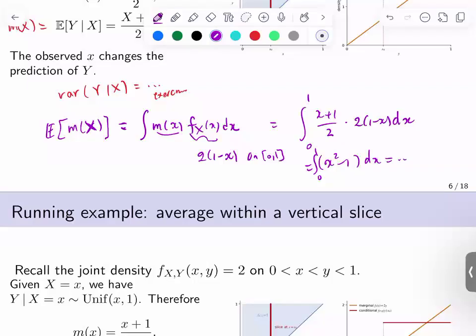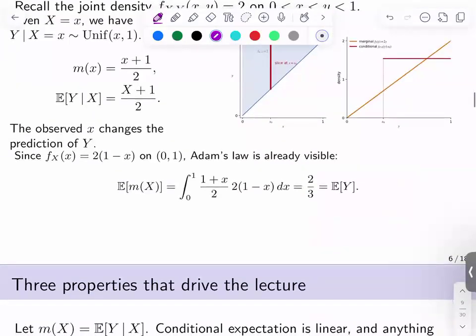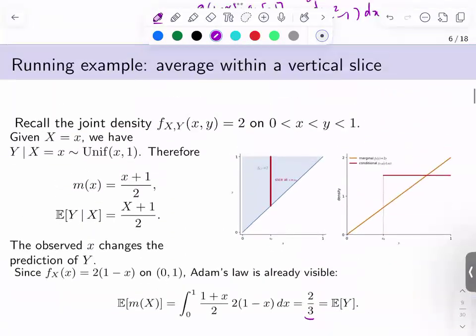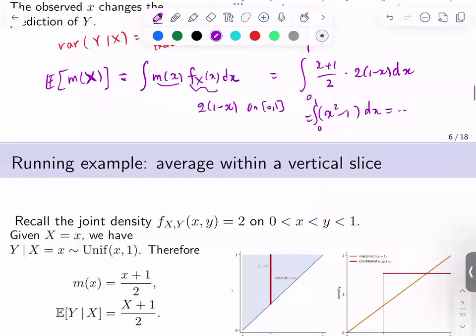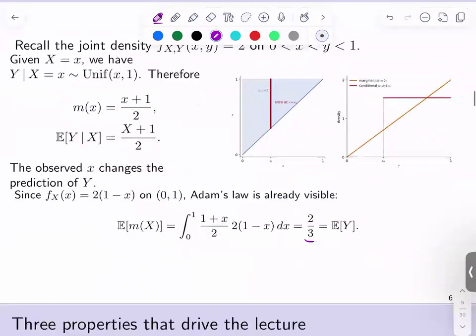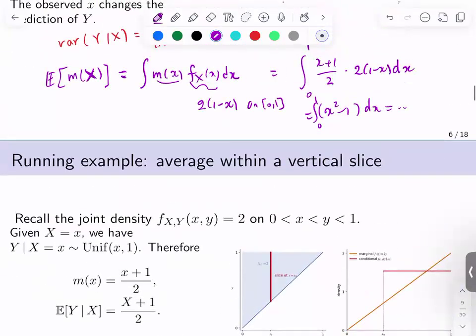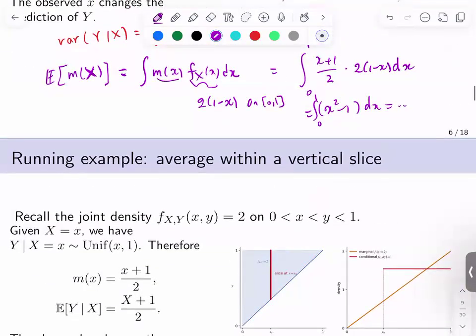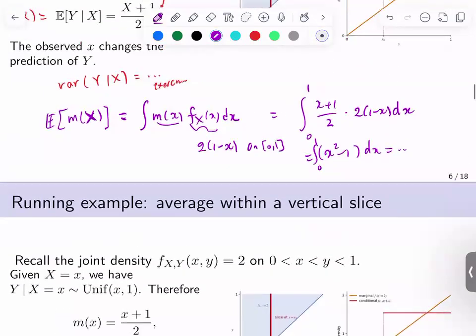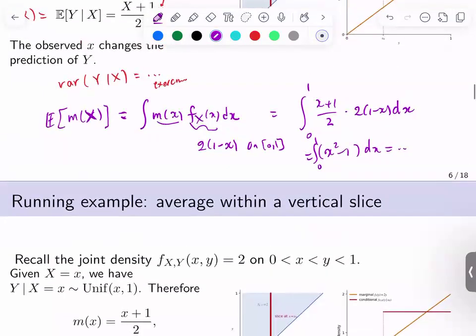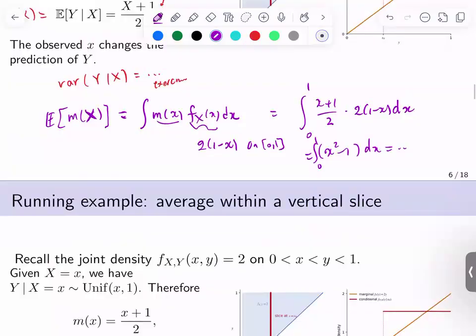And then you have to evaluate it. And if you evaluate it, it should turn out to be 2/3, okay? You do it correctly, hopefully correctly. No, did I? Okay, this is not the other way. Then it would work. 1 minus x squared. And then do it, it should be 2/3.